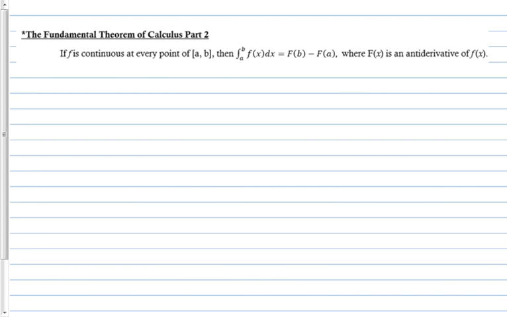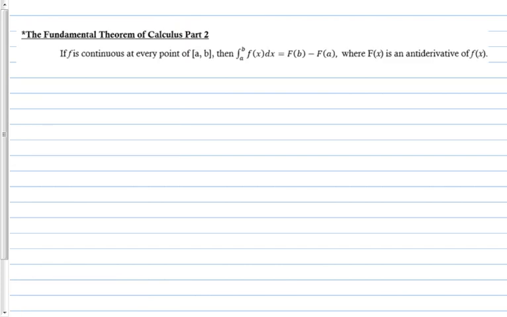Okay, so if f is continuous at every point of the closed interval a to b, then the integral from a to b of f of x dx equals F of b minus F of a, where F of x is an antiderivative of f of x. So the uppercase letter F is the antiderivative of the lowercase letter f.